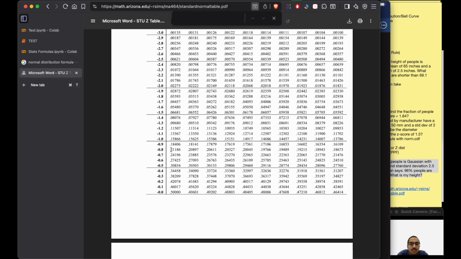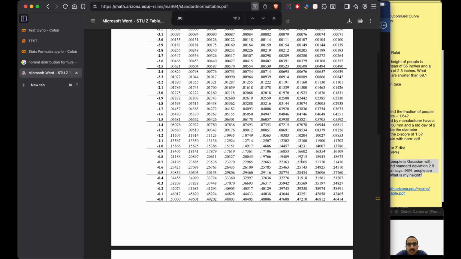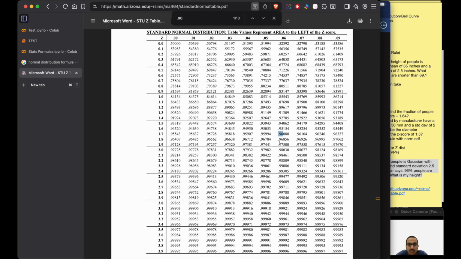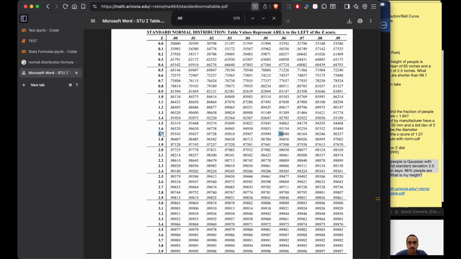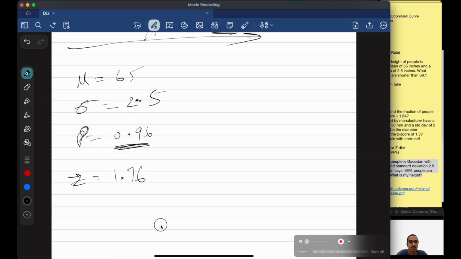You see here, 0.96 is in the positive z-score values, and the z-score for this is 1.7, and the second digit is 6, so 1.76.